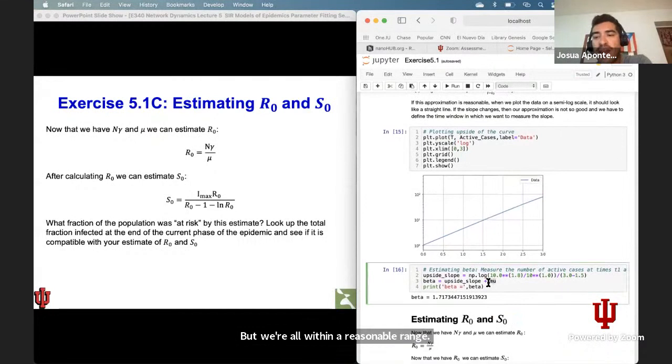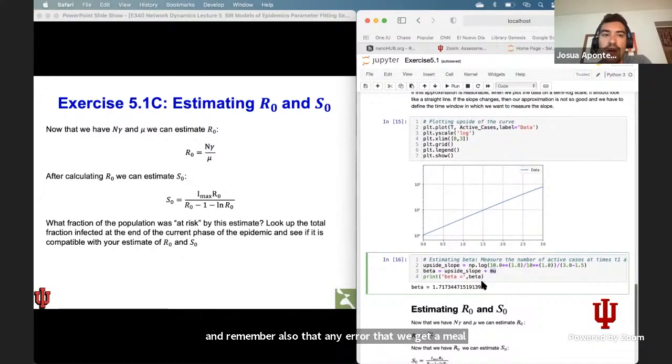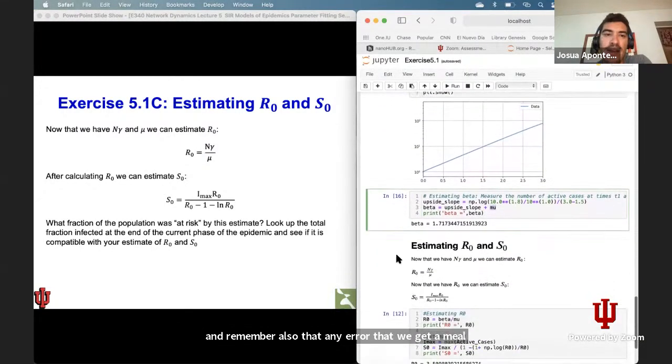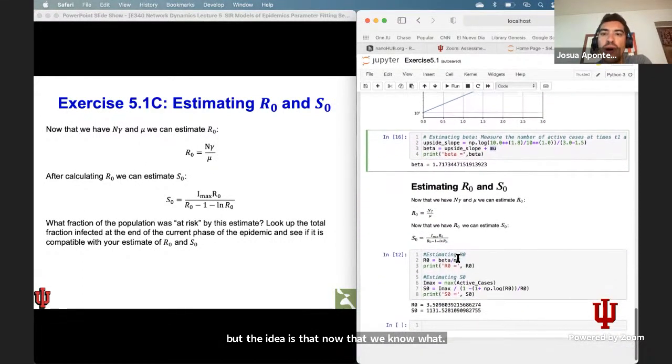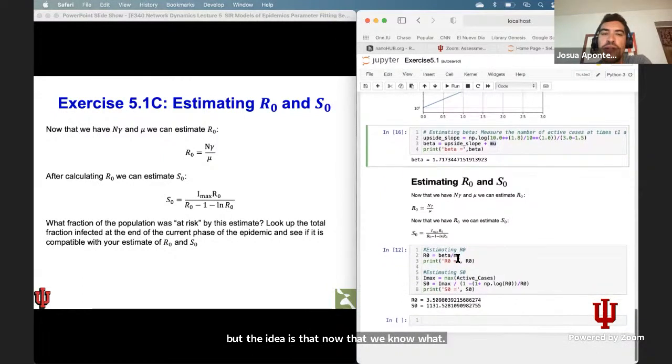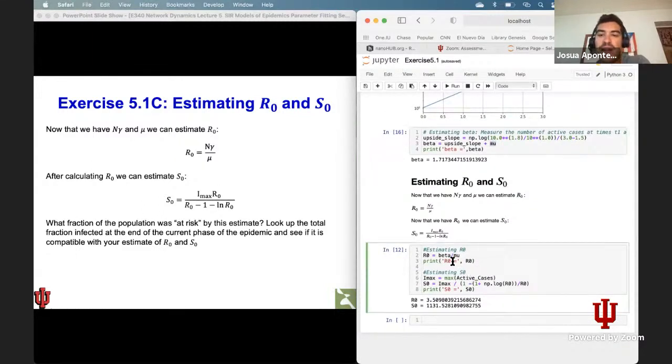And remember also that any error that we get in mu propagates to our estimate of beta. But the idea is that now that we know what beta and mu are, we can use this information to estimate what R naught is, and that is beta over mu.